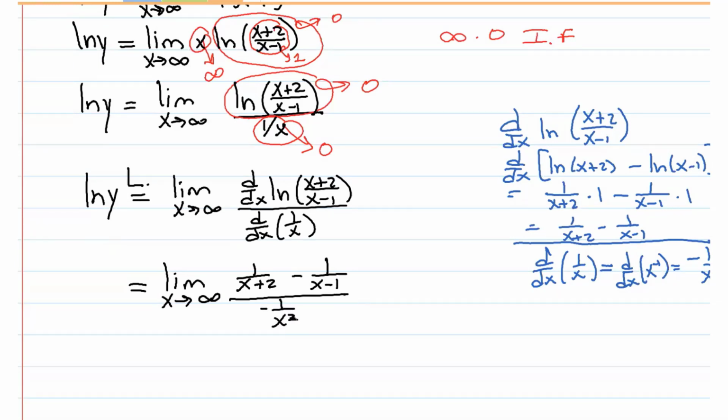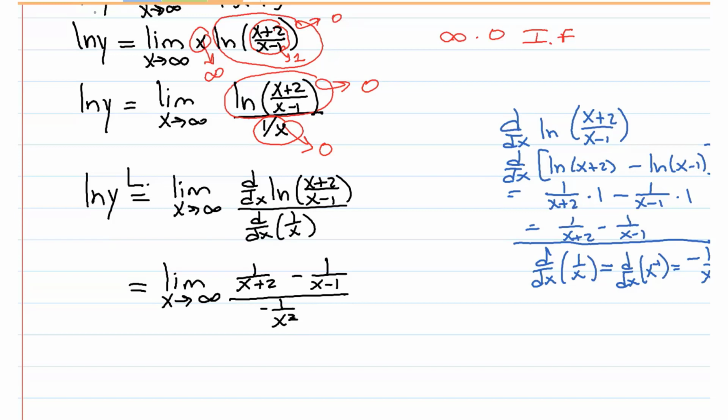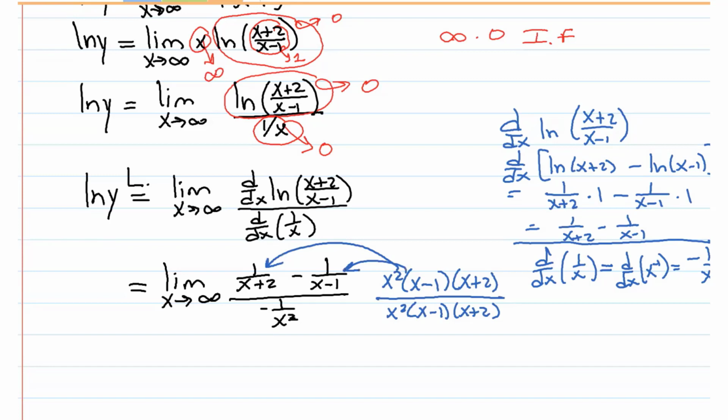All right, so we can't take the limit at this point because we get 0 over 0. So we have a little bit of algebra to do. Let's simplify this complex rational expression by multiplying by each of the denominators in the top and the bottom. We have to distribute this to here, to here.